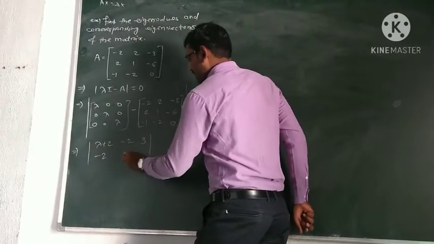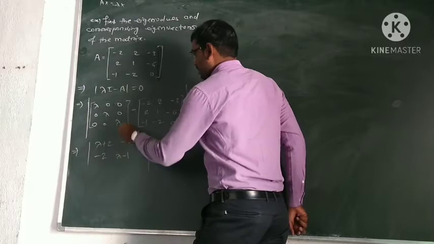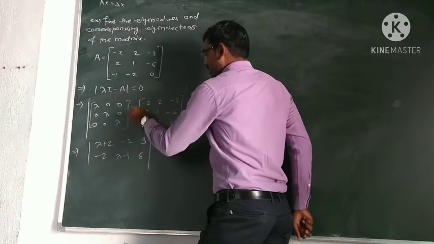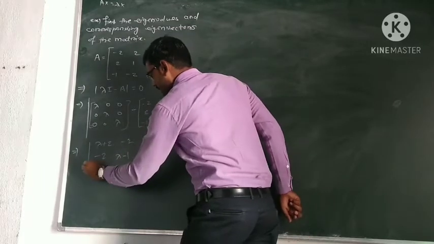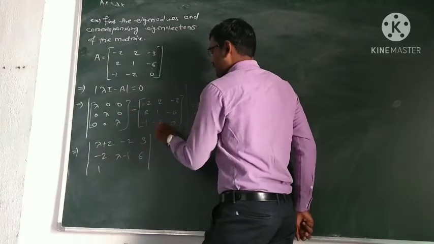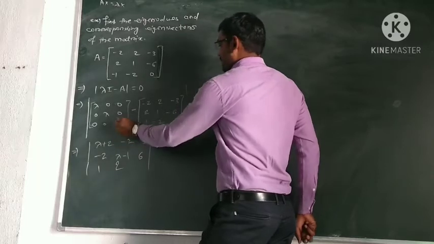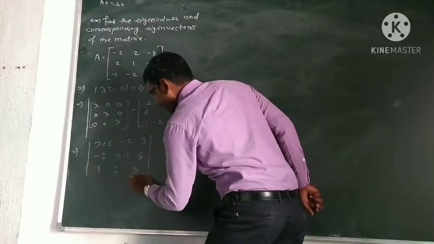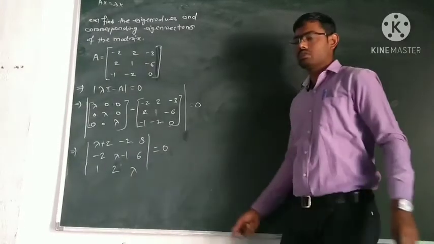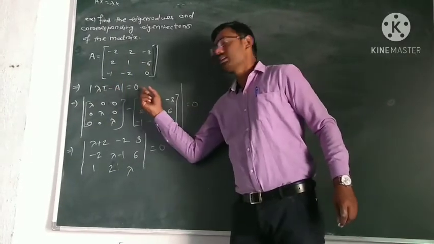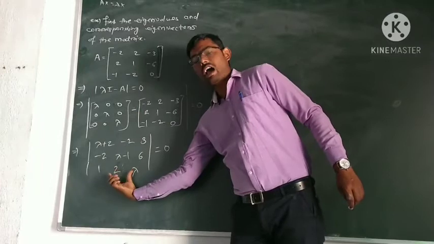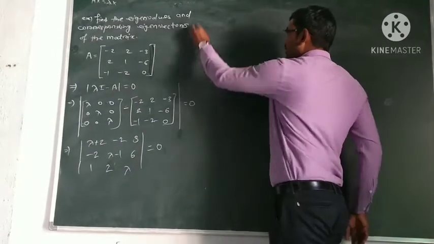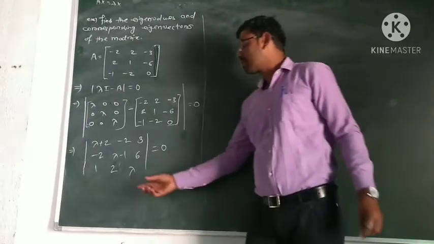Lambda minus 1, so lambda minus 1. 0 minus minus 6, so plus 6. 0 minus minus 1, so plus 1. Then 0 minus minus 2, so plus 2. Then lambda minus 0, so only lambda. Is equal to 0. Determinant of lambda I minus A is equal to 0. So the determinant of this is lambda I minus A, when the determinant is equated to 0. Now solve this matrix.